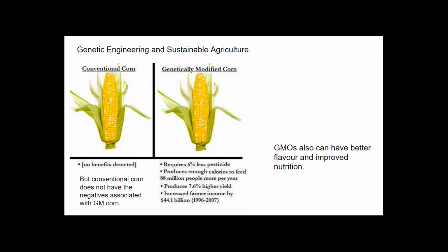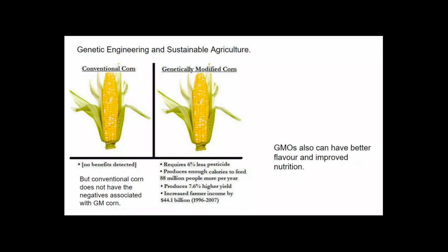And the less pesticide you use, basically, the more sustainable it is, because using pesticides is not a sustainable practice. It also produces enough calories to feed 88 million people or more per year. And that's from the corn alone.